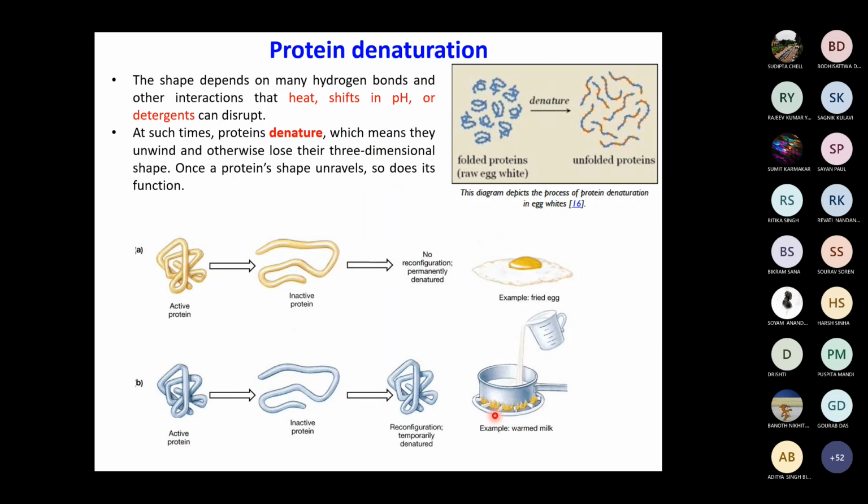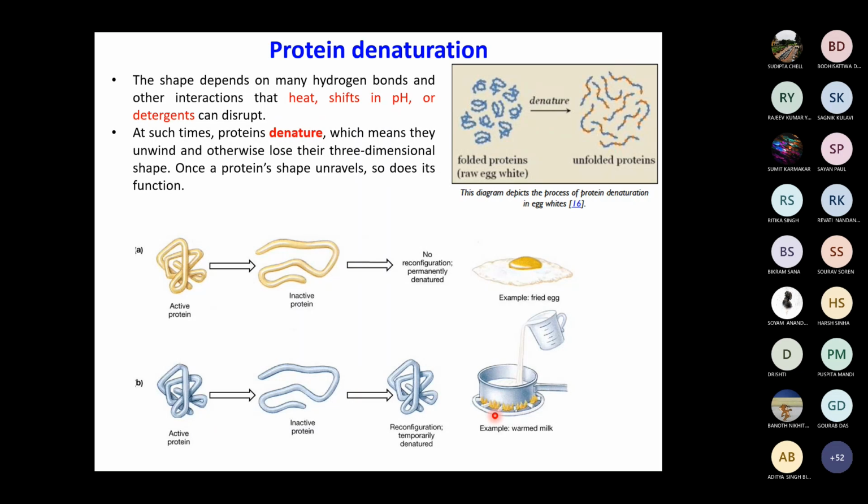One more important thing when we are discussing proteins is denaturation. I'm not going to focus much on this, but you should be aware of it. You have all seen how, while making an omelette or while warming milk, changes happen. These are things you have seen in your daily life, in your kitchen. Proteins usually have stable three-dimensional structures, but certain agents, external or internal, like heat, changes in pH, or certain detergents like urea, can denature the three-dimensional structure of the proteins.